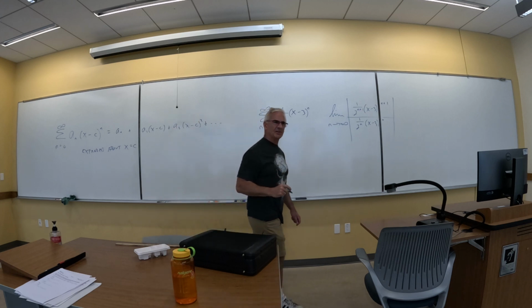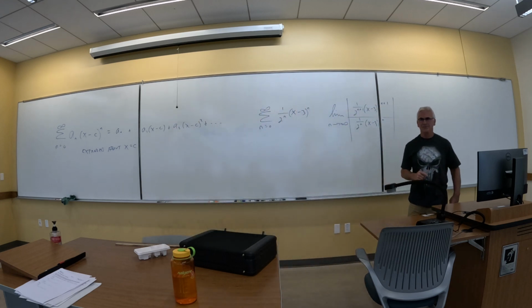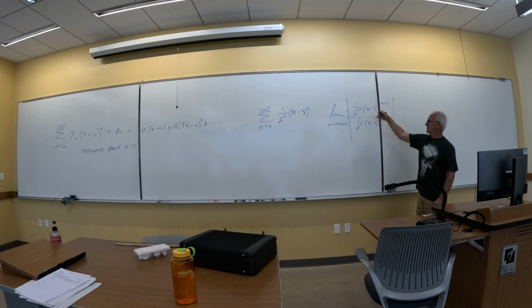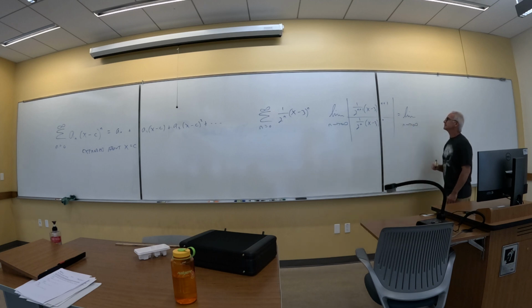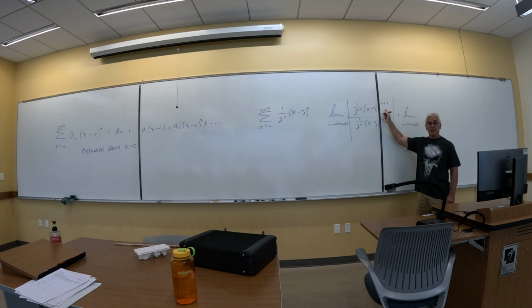Am I going to get some canceling here? Oh, yes. Probably. We're going to get a lot of canceling. Everything's an exponential. So what am I going to get here? Well, I'm going to get an x minus 3 on top. And won't I get a 2 on the bottom?